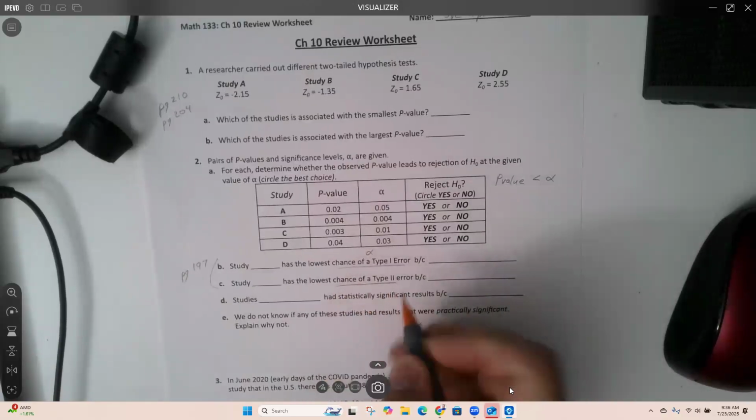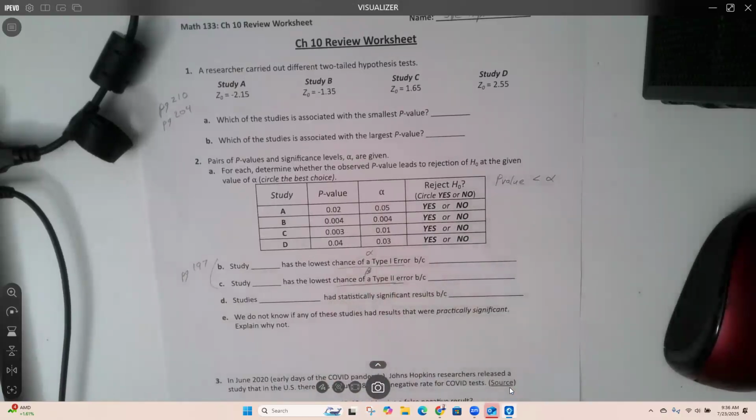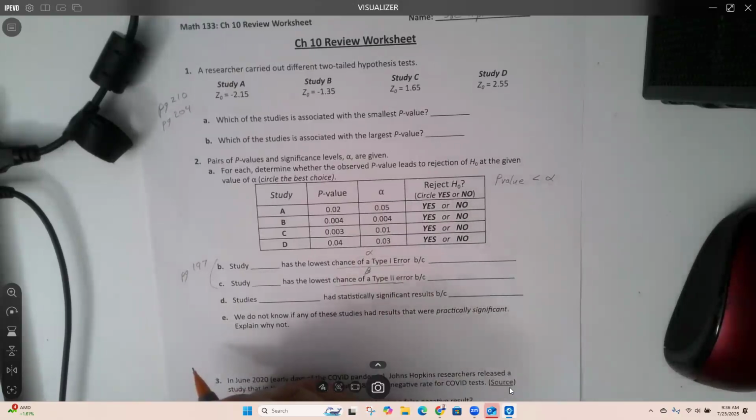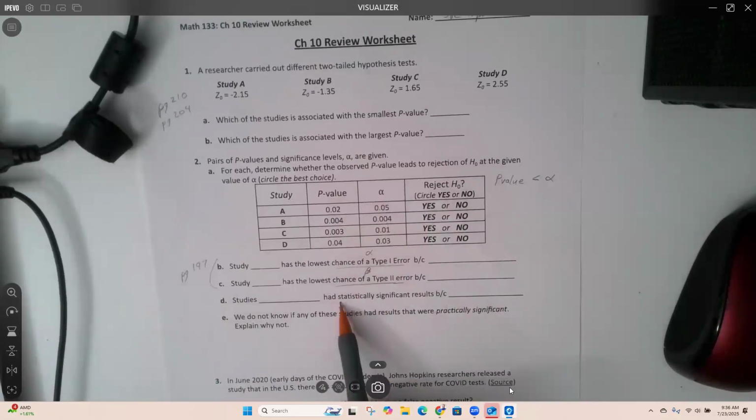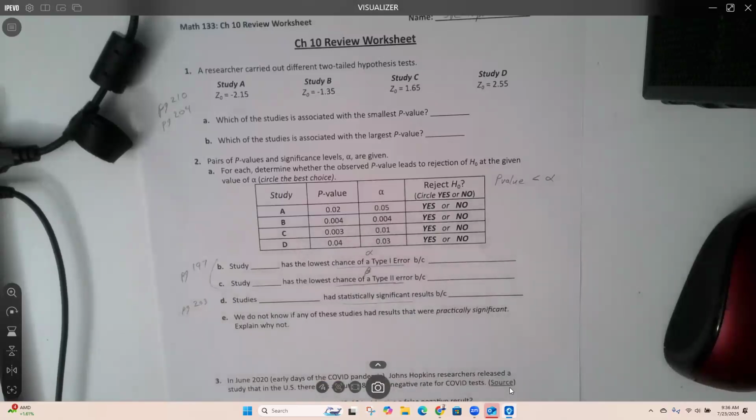The chance of a type 2 error is the beta value. And statistically significant, you'll find that on page 203.